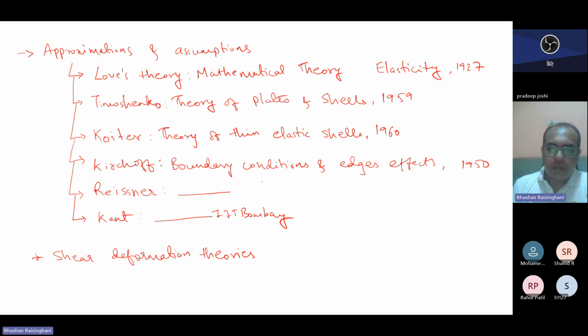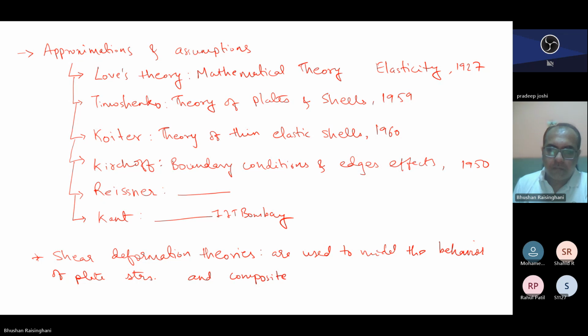So shear deformation theories are used to model the behavior of plate structures and composite material, like we do in the bridges or in the buildings, by considering effects of shear deformation.